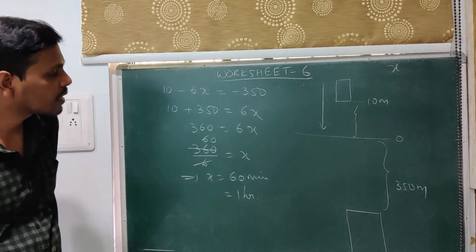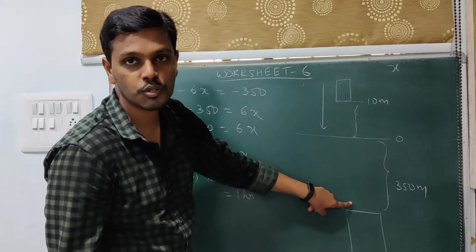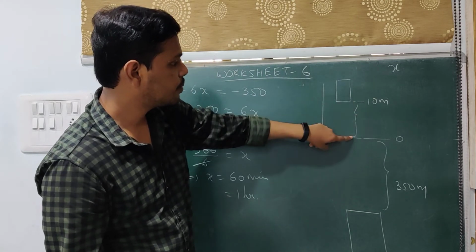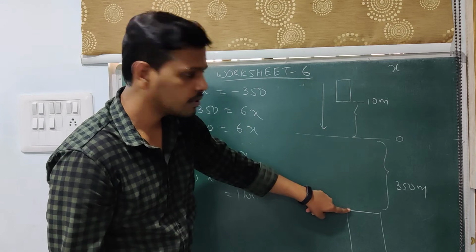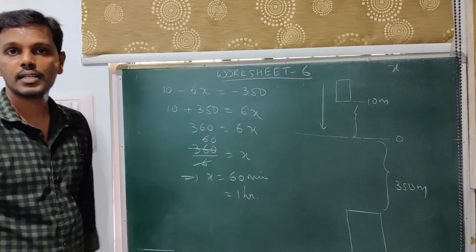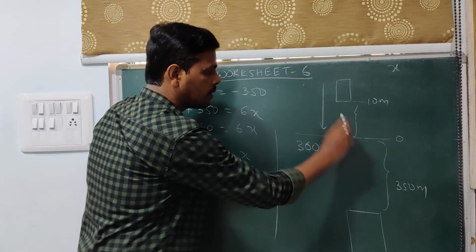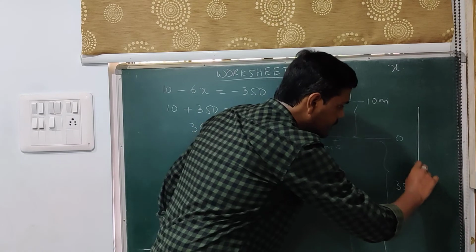The other way is we try to calculate how much distance it has to travel. From this point to this point it is 10, and from this point to this point it is 350. So the total distance that the elevator has to travel is 360 meters. The elevator is going in this direction.